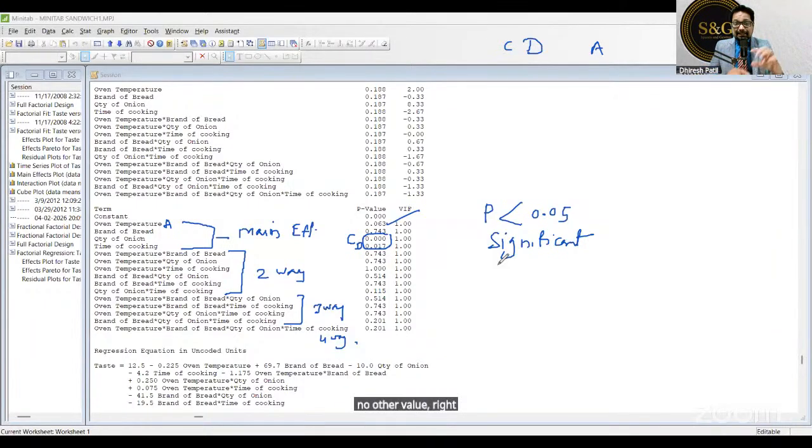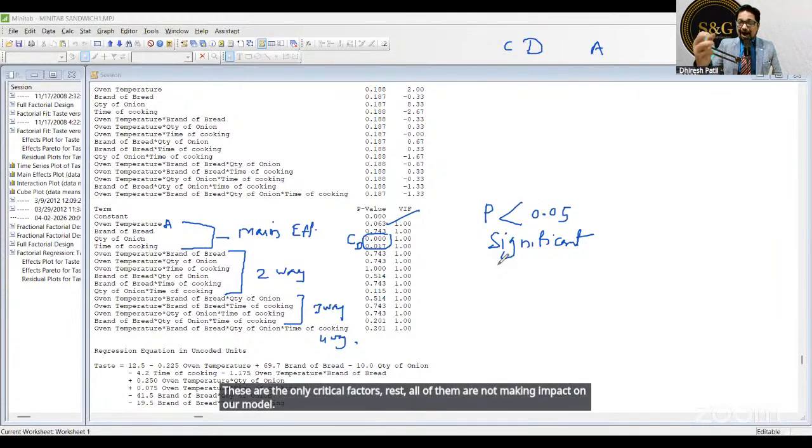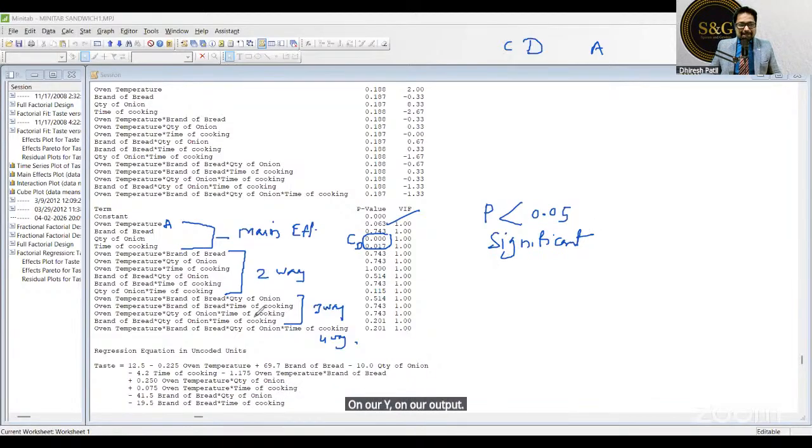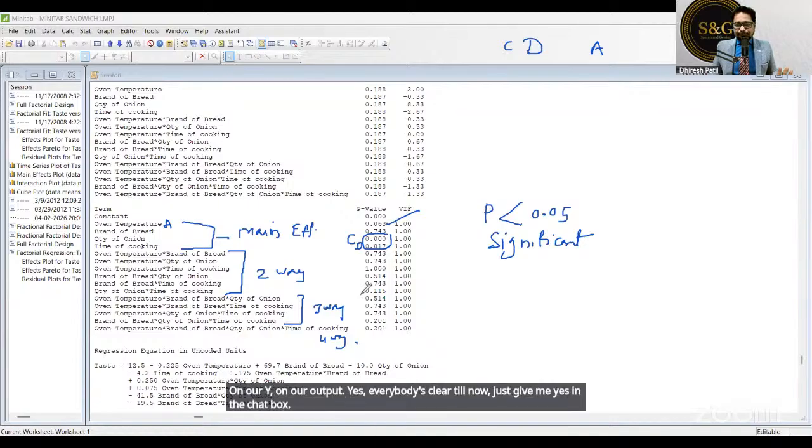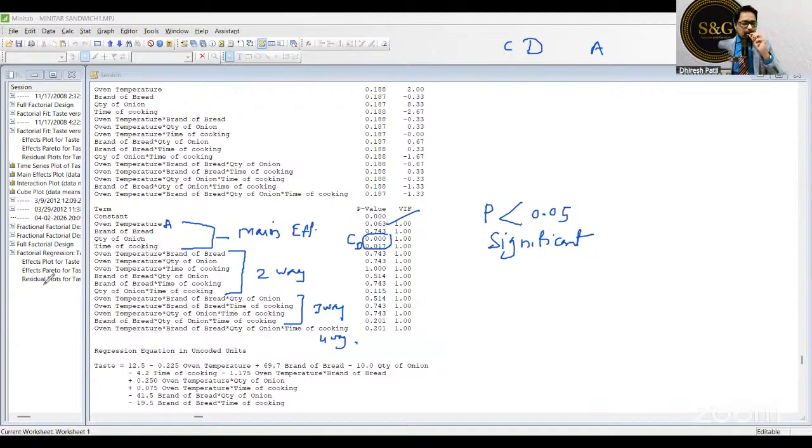That means C, D, and on the borderline factor A. These are the only critical factors. Rest all of them are not making impact on our model, on our Y, on our output. Yes, everybody's clear till now? Just give me yes in the chat box. Super clear? Very, very good.